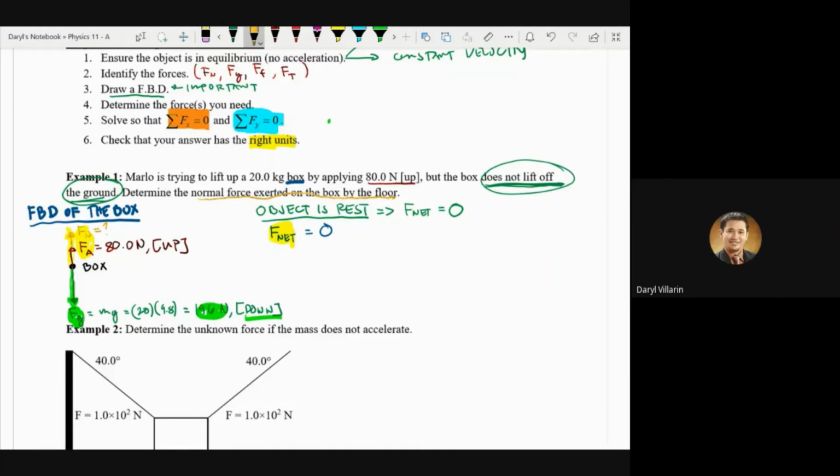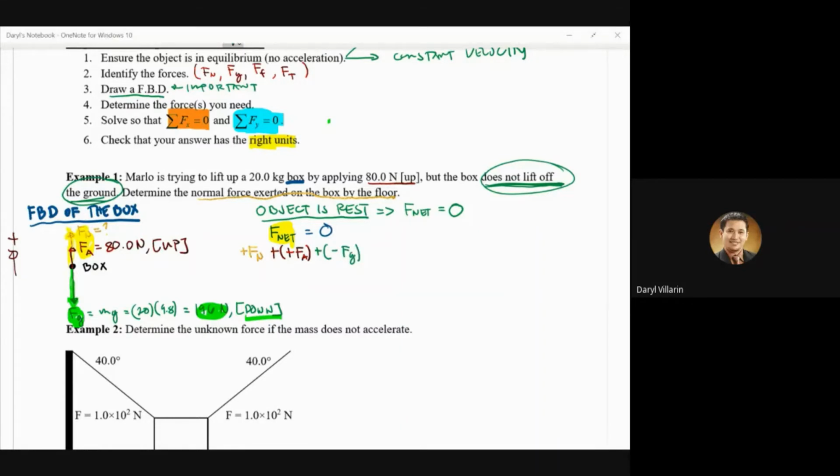its sign convention. So if I use upward as my positive, that means that the normal force is plus. So you have plus Fn, and then plus the positive of Fa, and then plus the negative of Fg.